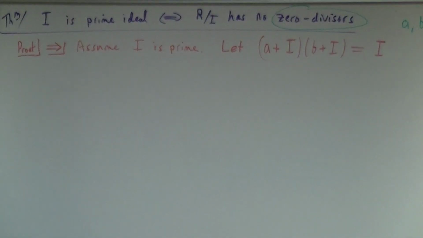The point is, I have a product of two cosets in the factor ring that is 0. I need to show what? It has to be 0, right?